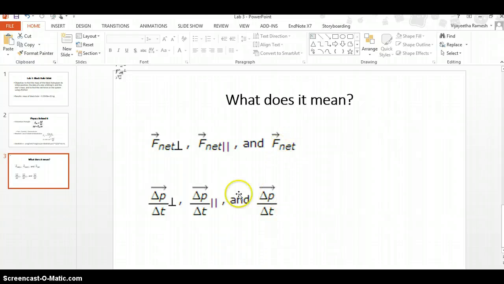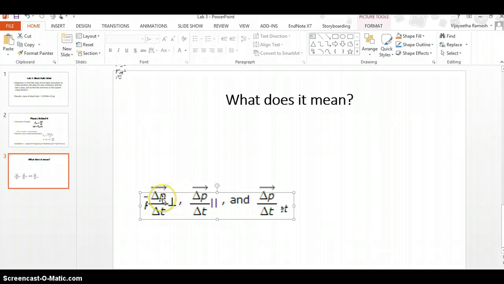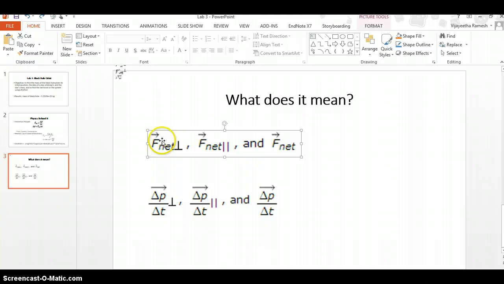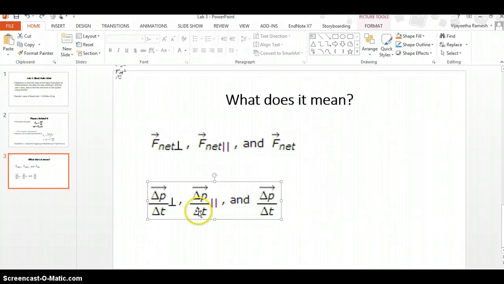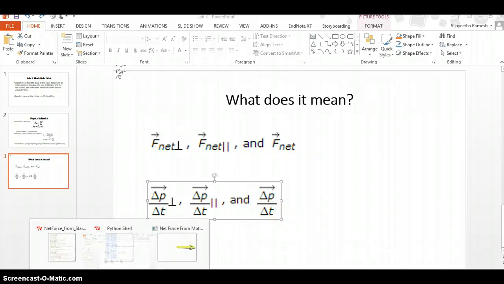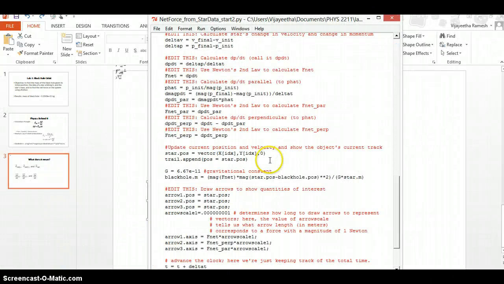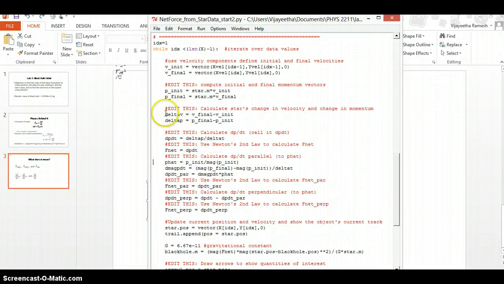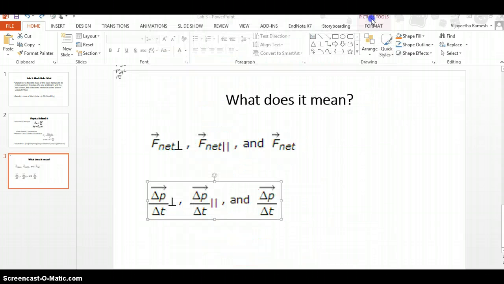Even though these quantities are equal, and these quantities are equal, F net is found using the gravitational law shown before, and the change in momentum is found using the change in velocities, which can be seen here in my code, where the momentum equals the mass times the velocity for the initial and final values.